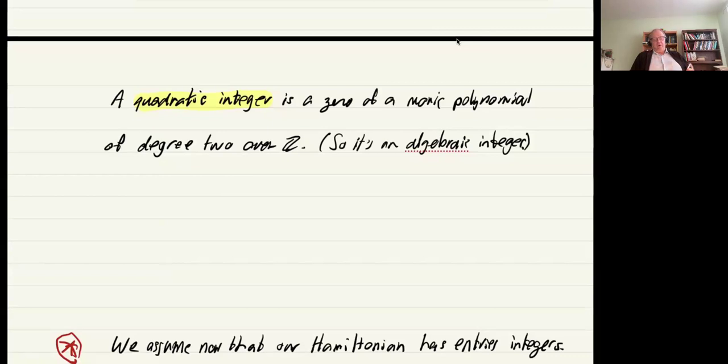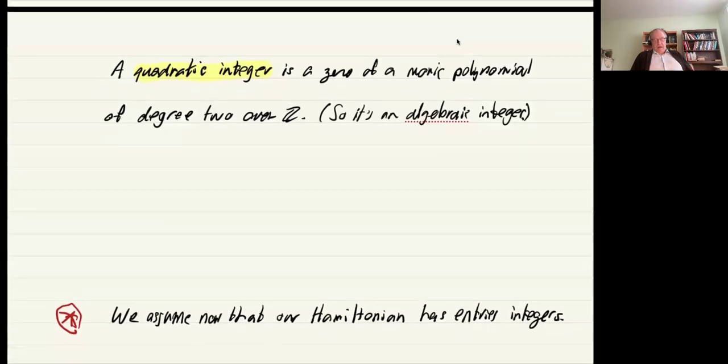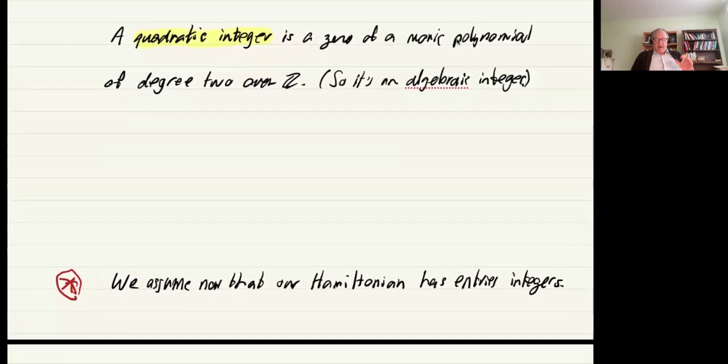Okay, so that's why these guys will come up. And as I've said several times already, I'm going to be assuming throughout that the Hamiltonian has integer entries. I want the eigenvalues to be algebraic integers, and assuming that the Hamiltonian is integer is how we do that.